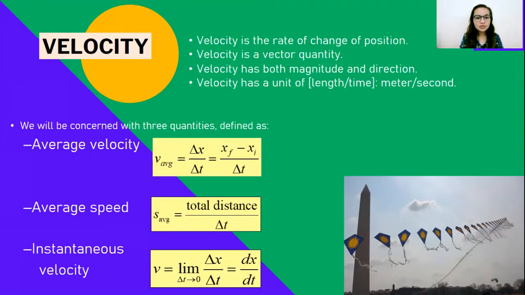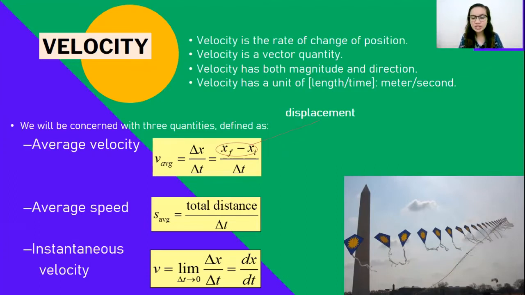Okay, so also we have here a general formula for the following quantities. Your average velocity, that's delta x, or change in your position divided by delta t, or your elapsed time. So that's just your final position minus your initial position, which is equivalent to your displacement.